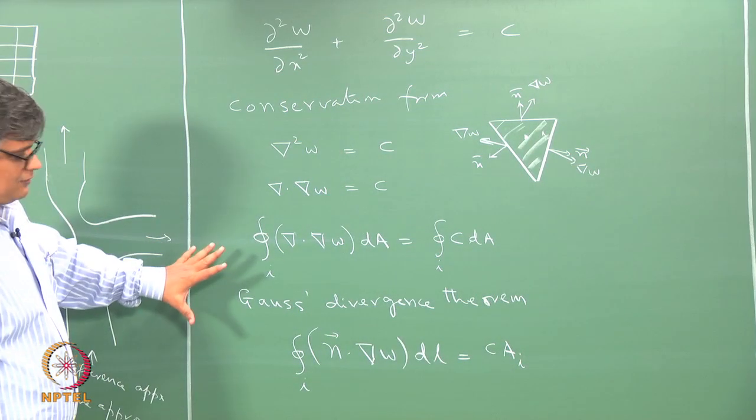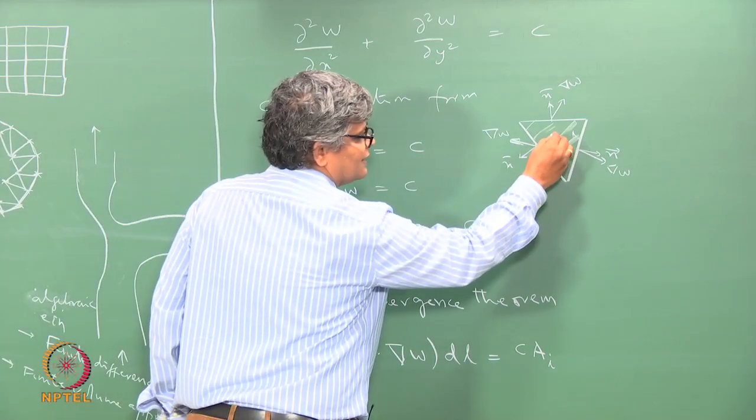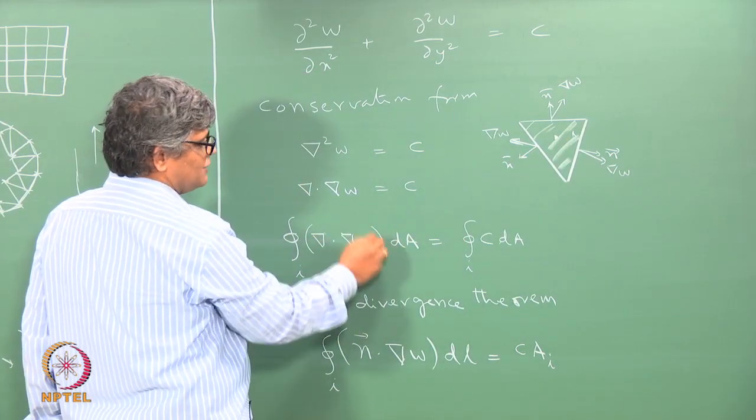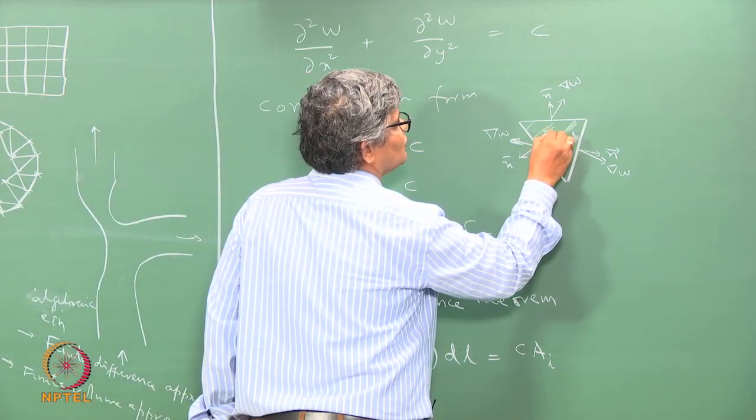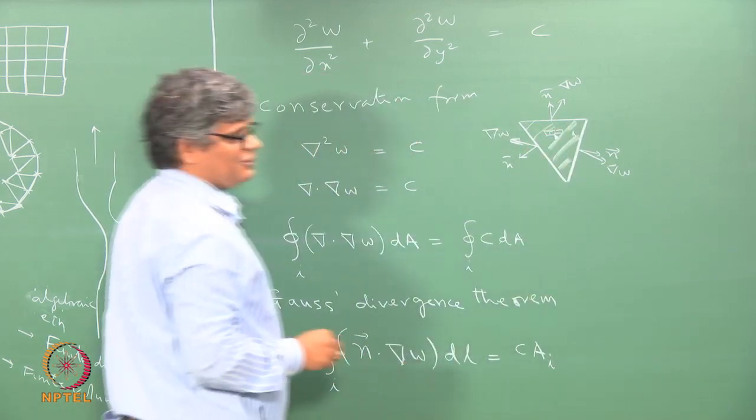Okay. So, instead of evaluating this whole thing over the area, one evaluation of this will be to do this over each area within this and then sum it up.